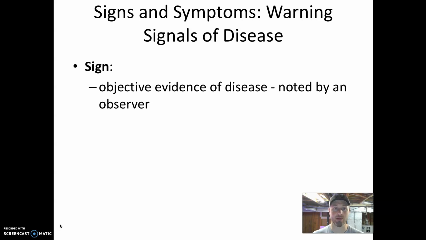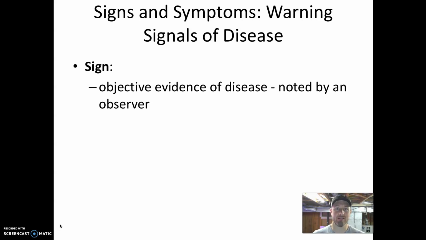So for example, maybe the most obvious one would be a fever, right? As a doctor, I can use a thermometer and I can measure to see if a patient has a fever. The patient doesn't need to tell me that they have a fever. I can objectively observe that for myself. And so that makes fever a sign.